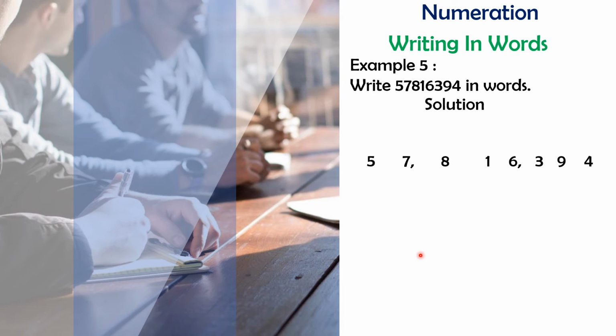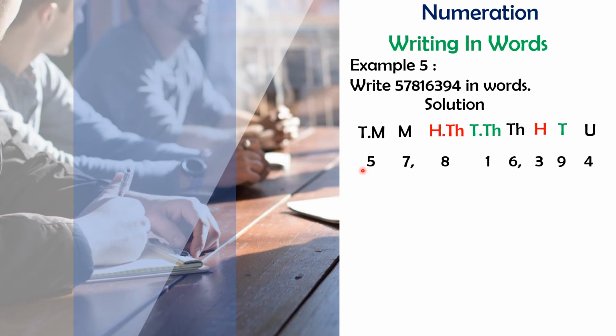So after this, you fix the place values on top for you not to make mistake. Unit, tens, hundred, thousand, tens of thousand, hundreds of thousand, million, tens of million. After this, you are to write it in words. So for you to write it in words, you ask yourself, what's the number before this comma here?